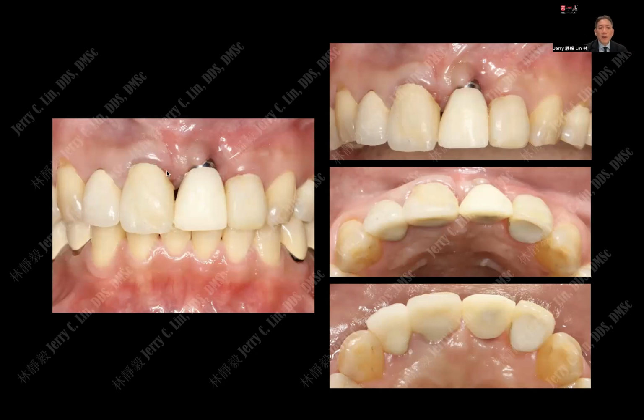But if you look at the two centrals, they will never look identical, never look harmonious. So the patient came to my office for assistance. She came in trying to have the implant removed and get a new one.